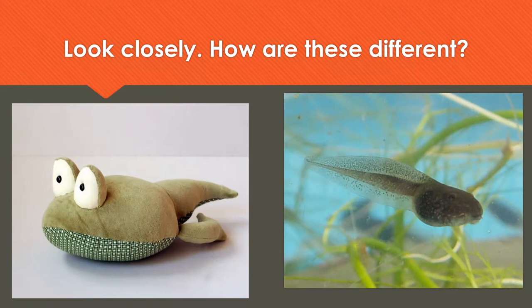The other is a picture of a real tadpole swimming through plants underwater. Its tail is longer than its body, and it has a brown center and a lighter, almost clear part to the tail. The head is rounded, and I can see one eye right there and kind of make out a mouth.